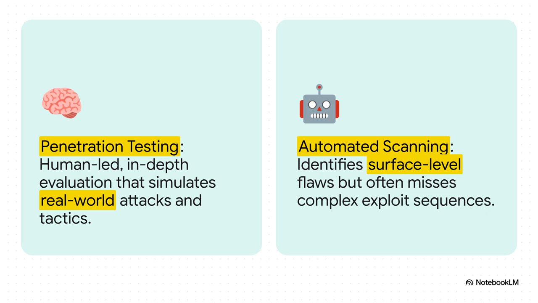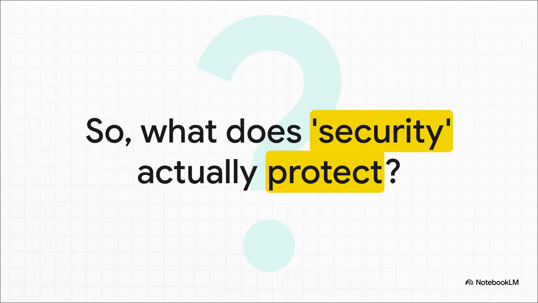Well, yeah, automated scans can find some of the obvious surface-level stuff, but they almost always miss the creative, multi-step attacks that a real human hacker would use. That's where a human-led pen test comes in. It simulates those real-world tactics, and that gives you a much, much more accurate picture of how secure an app truly is.